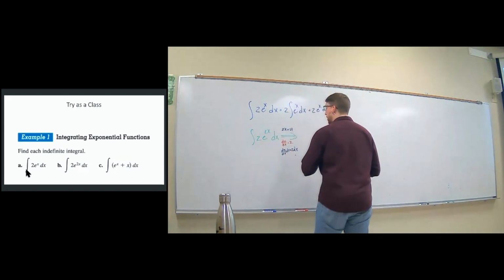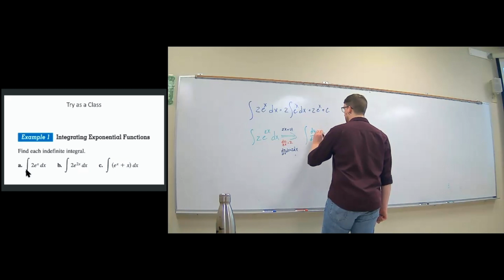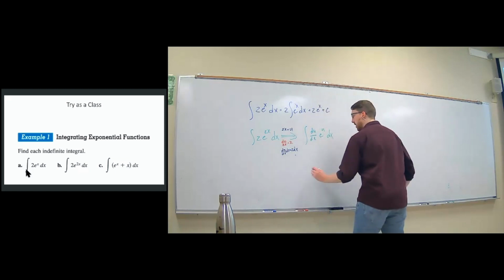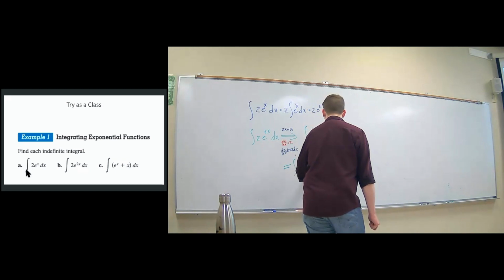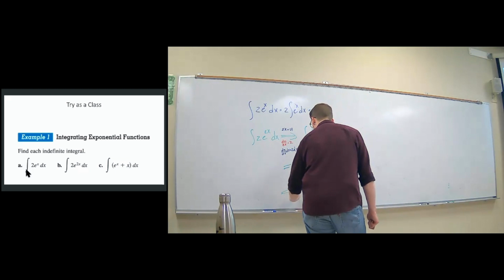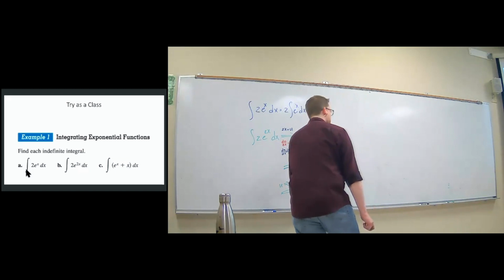So with u substitution, this is just going to become the integral of du/dx times e to the u dx, but that is equal to e to the u du, which is equal to e to the u plus a constant. So substituting back in, u is equal to 2x. We get e to the 2x plus a constant.